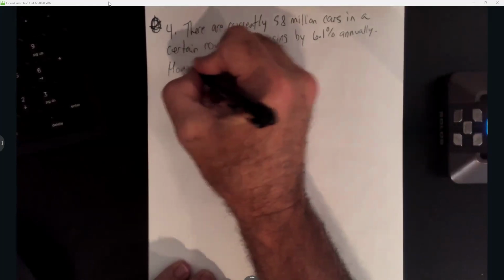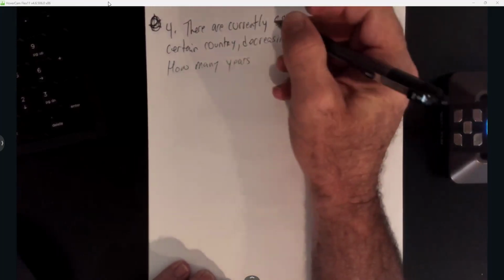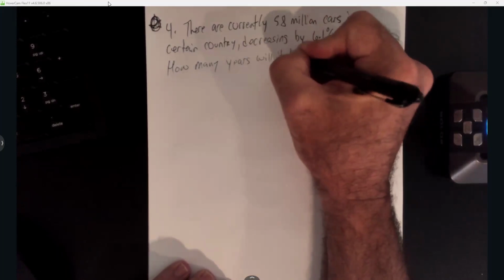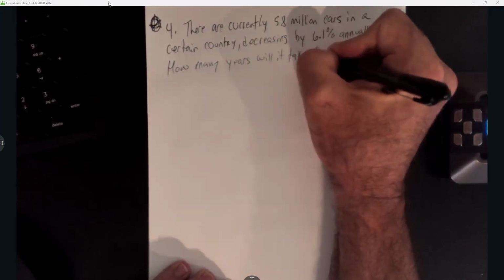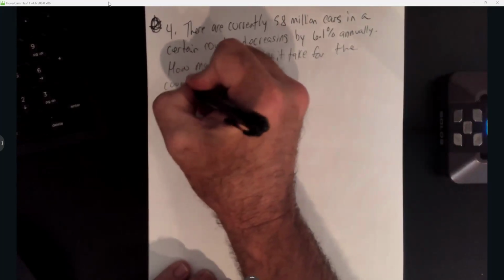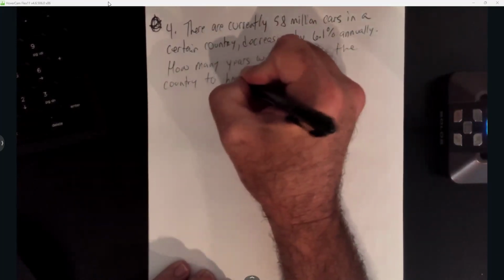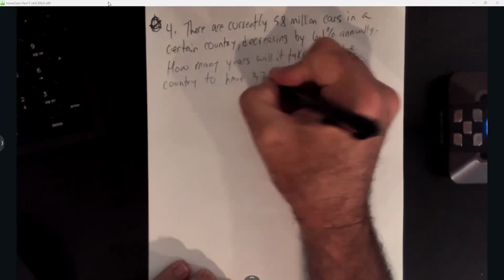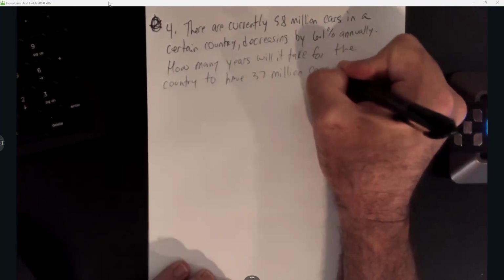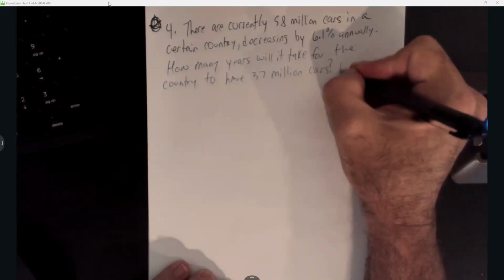How many years will it take for the country to have 37 million cars? And we're going to round it to the nearest year.